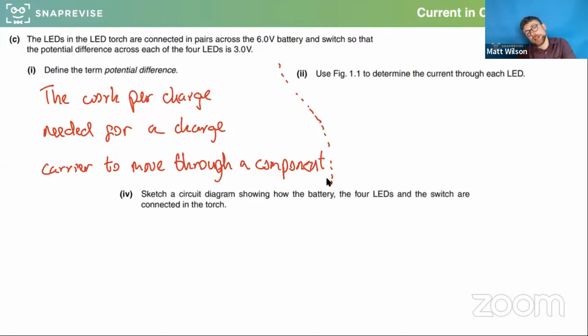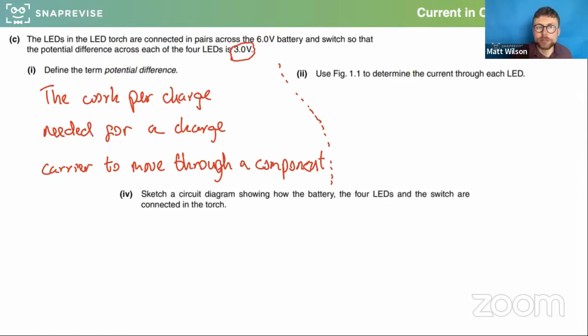Okay. Next, we're asked to use figure 1.1 to determine the current through each LED. Okay, so I guess we should take a look again. What information have we now been given? The potential difference across each of the 4 LEDs is 3 volts. So that's a thing we know. Each LED has 3 volts across it. Determine the current. Fine. So let's go back.